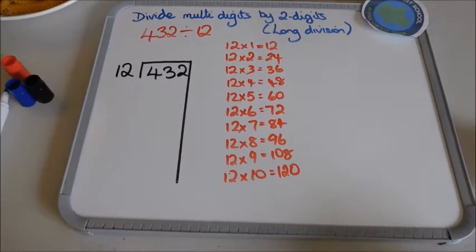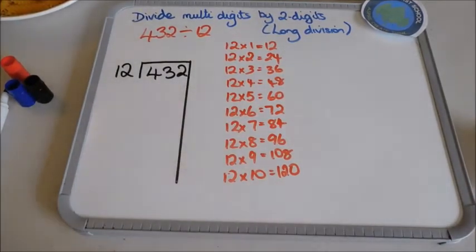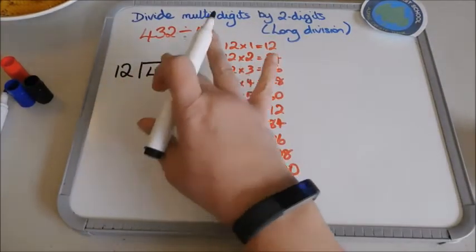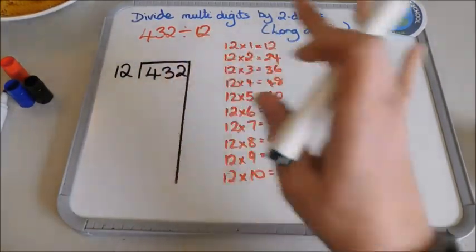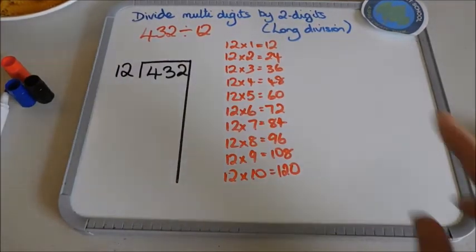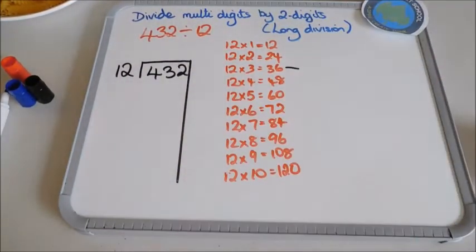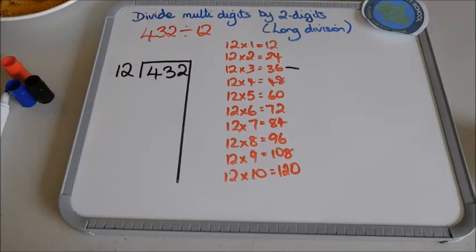And we ask ourselves, how many 12s in 432? Well, I can see that 3 12s, 12 times 3 is 36.